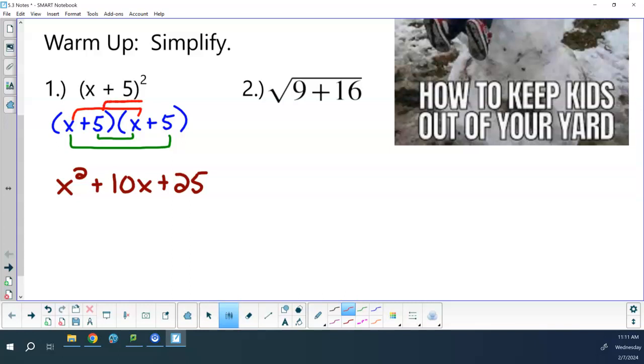Okay? So the x times x gets me x squared. 5 times x gets me 5x. 5 times x gets me 5x. Add it together and you get 10x. 5 times 5 is 25. Okay?